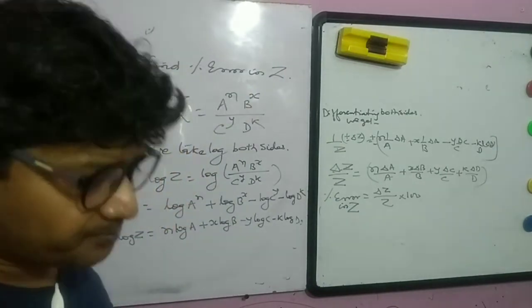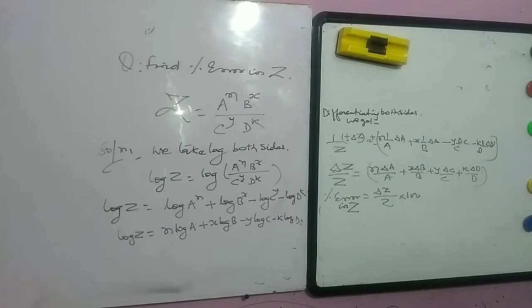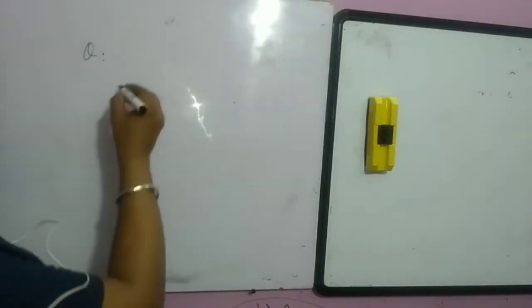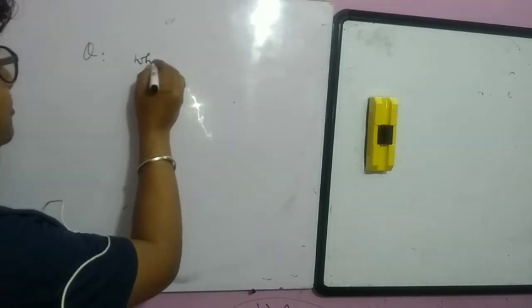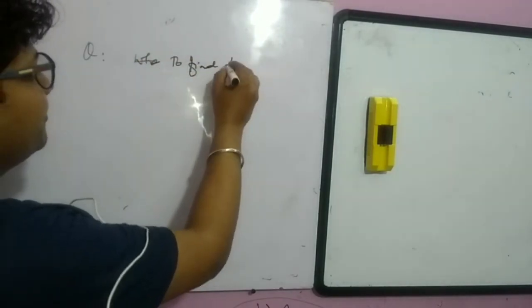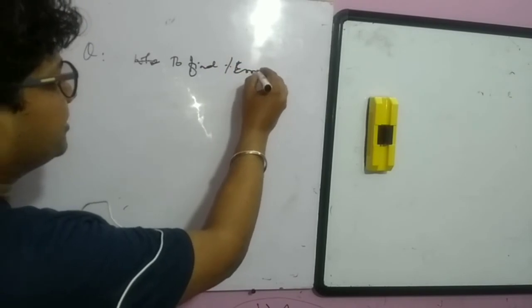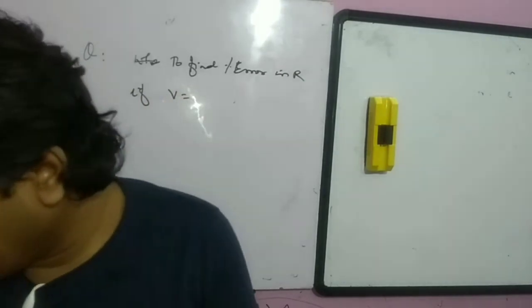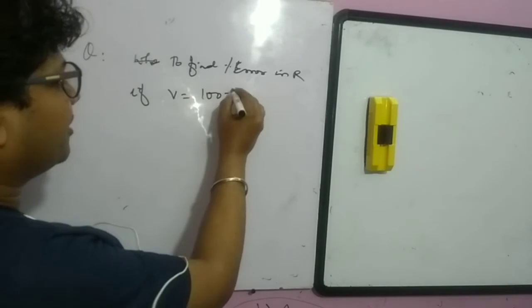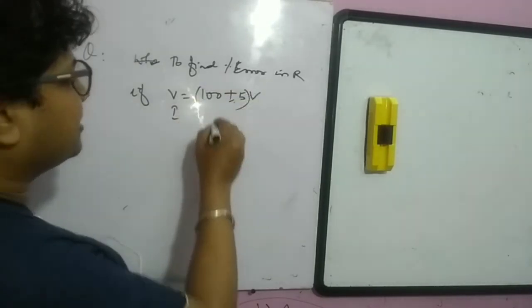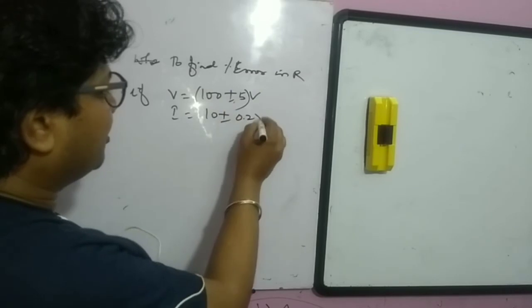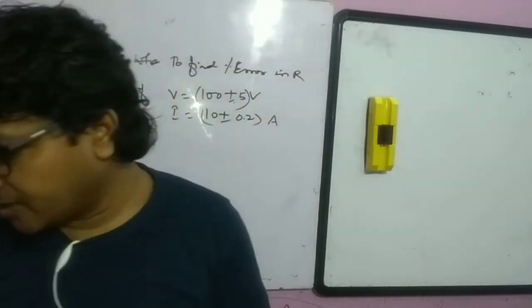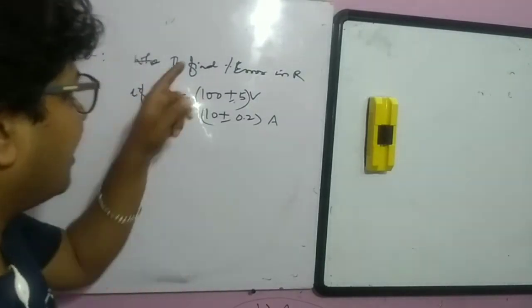So the first problem: we have to find the percentage error in R. If V is given as 100 ± 5 volt, and I is given as 10 ± 0.2 ampere. This is what we are provided, and we have to find the percentage error in R.